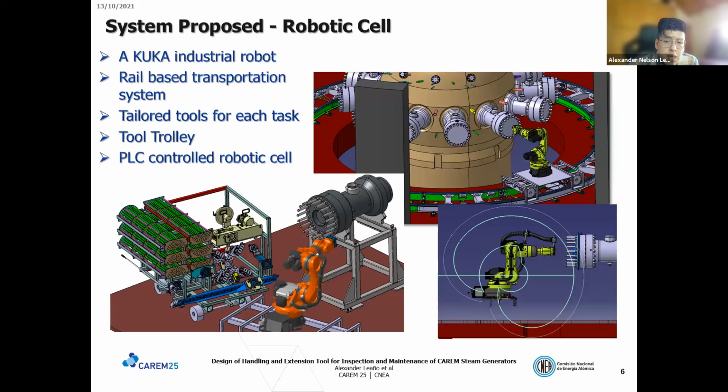The proposed system includes a commercially available robotic manipulator, a set of custom-designed tools, and a rail transportation system to take the robot and each tool to each workstation inside the reactor shielding room. As we can see, the industrial robot has a limited range that guarantees the absence of collision with any element inside the shielding area.